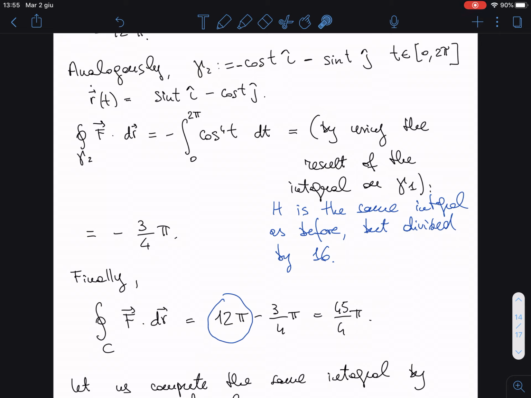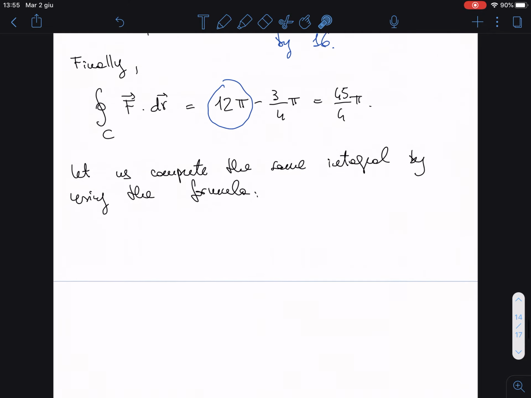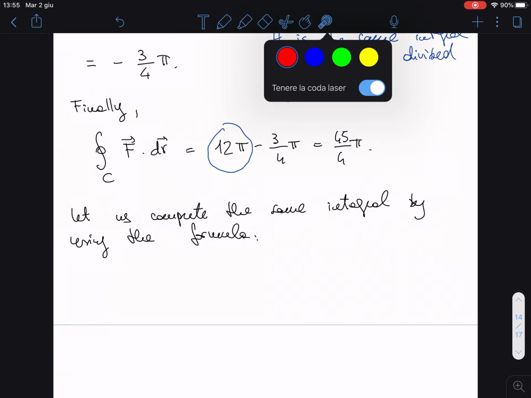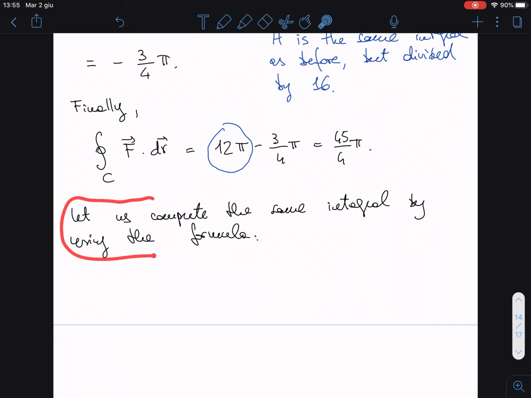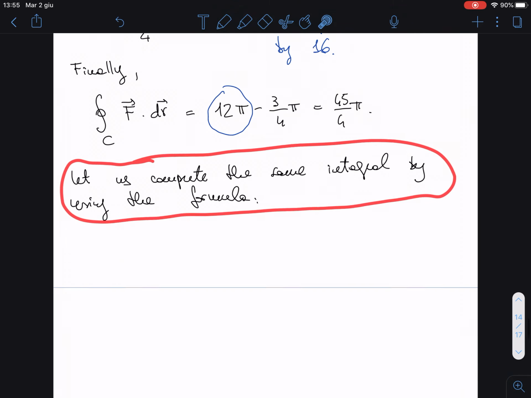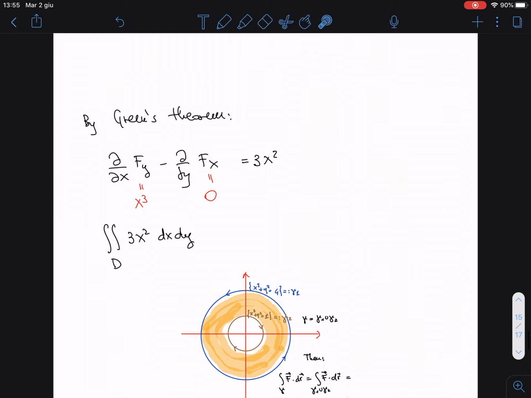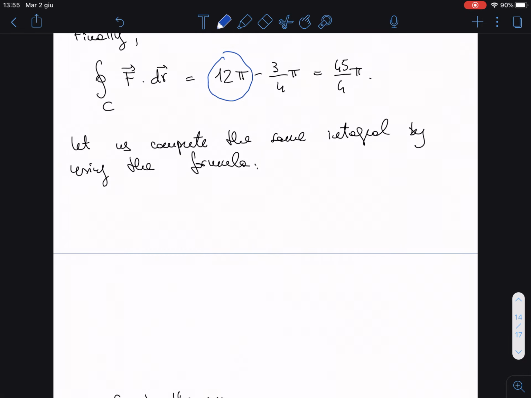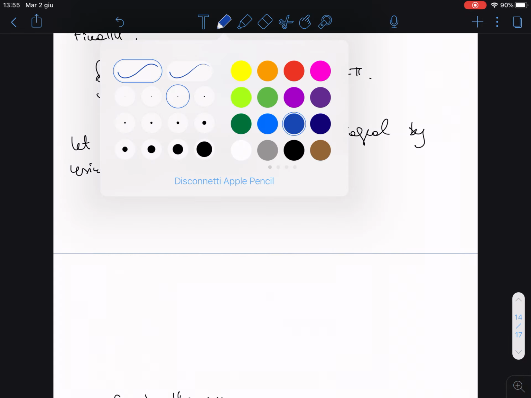Look, there is some complication. You have to compute two integrals. These integrals are quite heavy. But now we want to use Green's theorem. So we want to compute the same integral by using the formula. Okay, the formula, I have to write it. And it is the usual Green's formula.